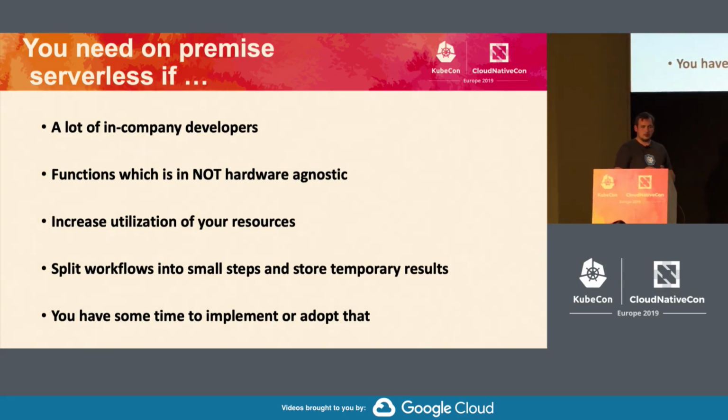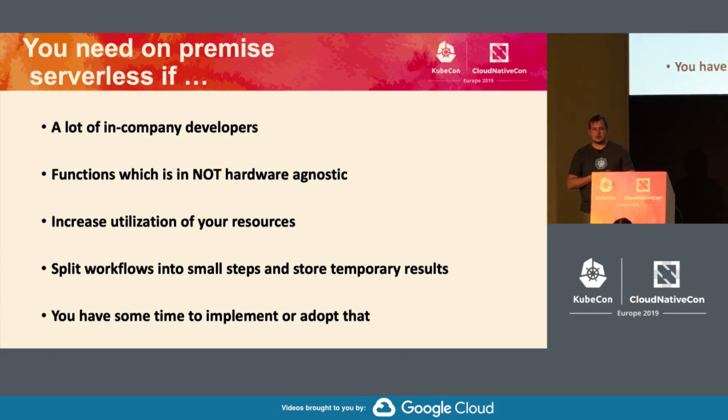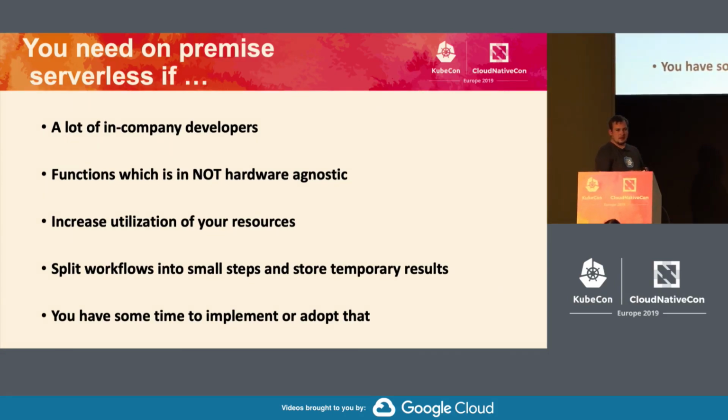You can improve utilization of your resources, especially GPU devices and maybe some SSD disks and so on and so on. Of course, it is really important to create a good data science pipeline. And when I created this project, I worked with data scientists, and they liked this project because they have to split their huge pipeline into small pieces.